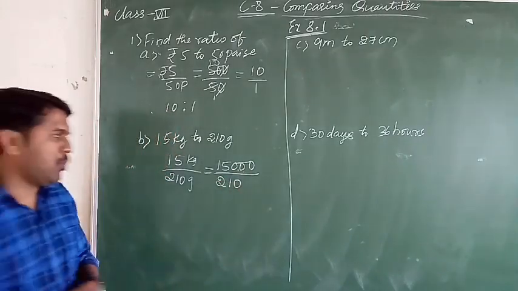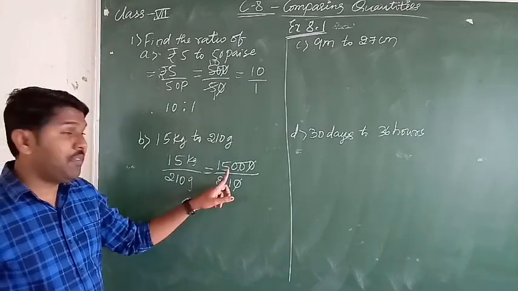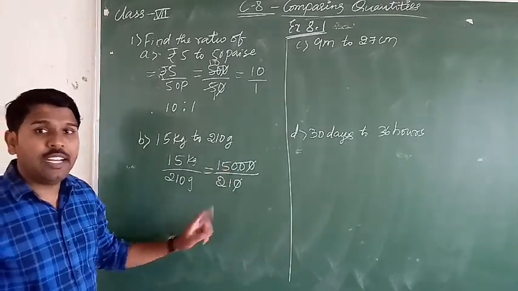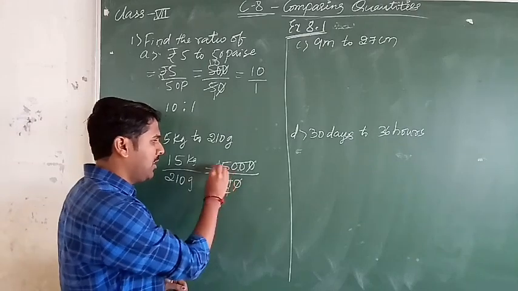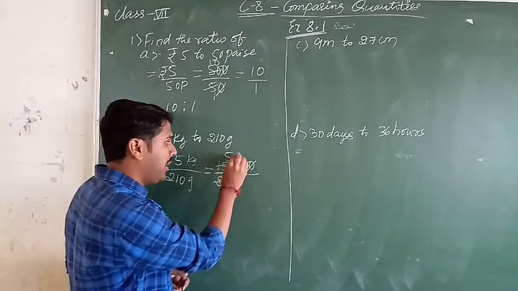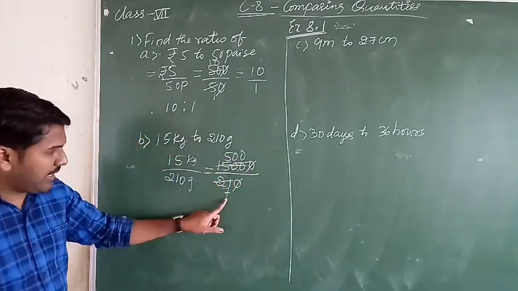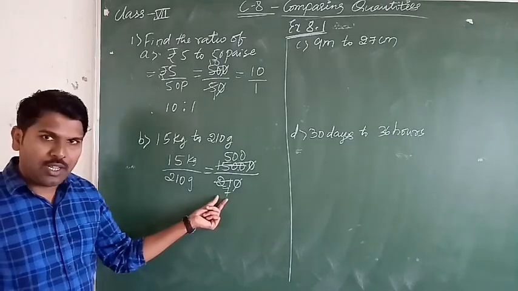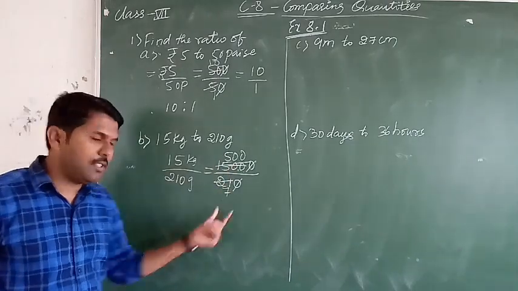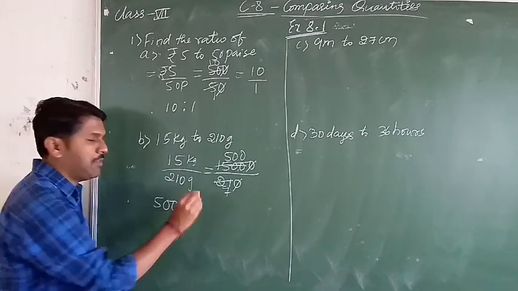Here cancellation is possible. The zeros get cancelled, 21 and 15 are there, both are in the 3 table: 7 threes are 21, 5 threes are 15. Here 2 zeros are there. Okay, so ratio is clear. Again cancellation possible from 7? No, 500 is not divisible by 7. Therefore the ratio is 500 is to 7.